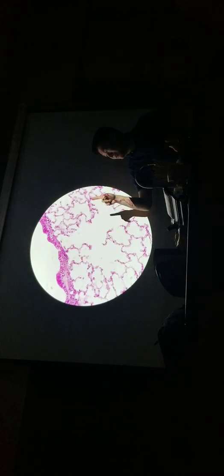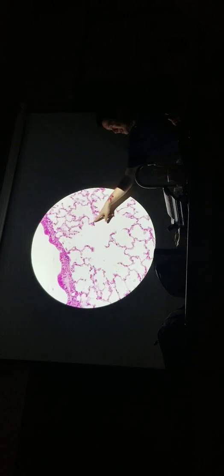Okay. So there are two types of structures. This one is which type of structure? Well, first, what organ is this from? Lung. Okay. And since these cells are more columnar, cuboidal, this has to be a bronchiole. And then what about right here?